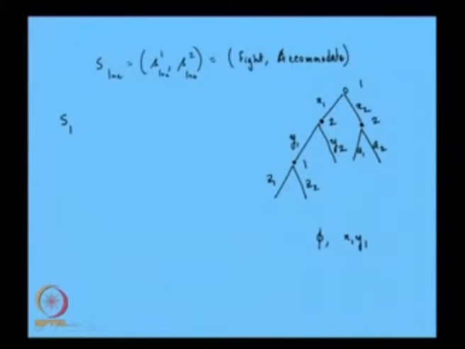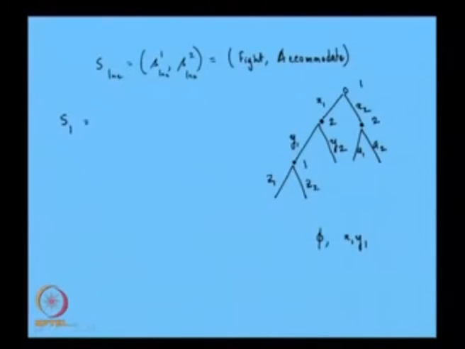So, these are the histories after which player 1 moves. So, a strategy must specify which are the actions player 1 will take after these histories. So, that is what a strategy is. So, it can be x1. What does it mean? He is saying that after phi happens, I will take the action x1.